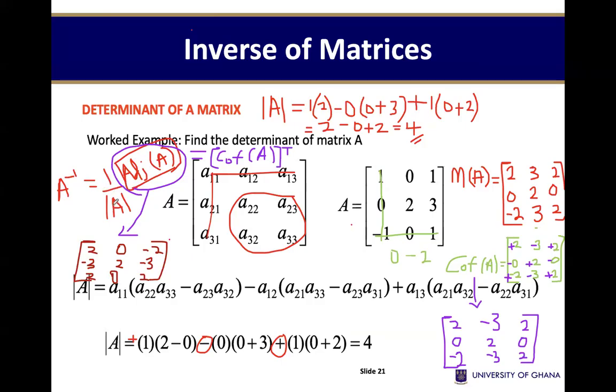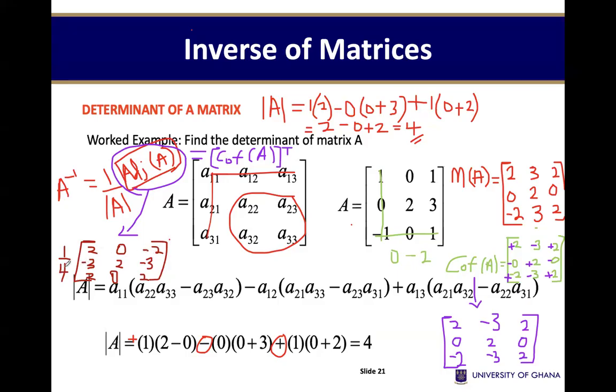Then 1 over the determinant, in other words, reciprocating the determinant, is going to be this. So the whole of that coming in will now be 1 over 4. It is very simple. So this first part will be 2 over 4. That'll give me 0.5. This guy will be 0 over 4. That'll give me 0. This will be negative 2 over 4. That'll give me negative 0.5.